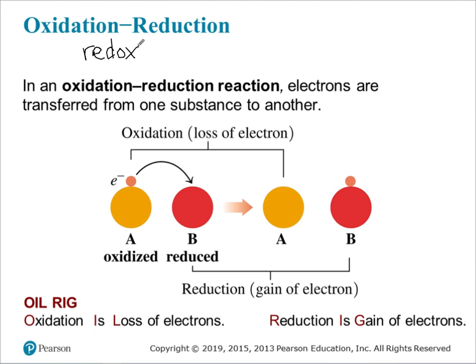In this picture, we have compound A, and it has an electron associated with it. It's going to transfer that electron to B. As you can see on the product side, you have an electron on B. So these are our reactants, and these are the products.